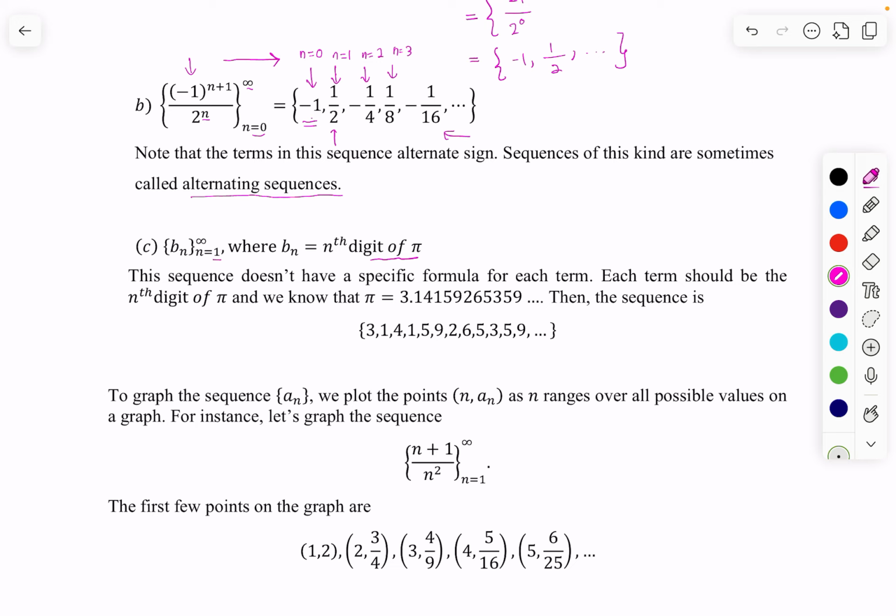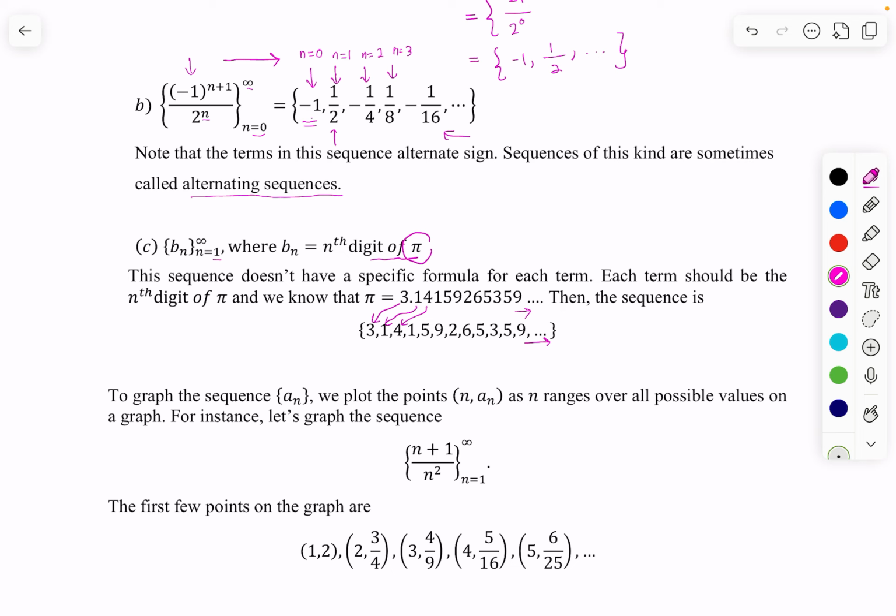Each term is the nth digit of pi, and we know that pi is 3.1415 and so on. Pi is a never-ending value. So the first term is 3, the second term is 1, the third term is 4, and so on. This means that the sequence depends on the digits of pi. That is the way you can expand the sequence.